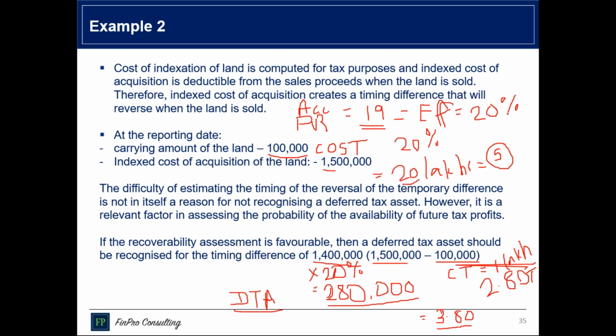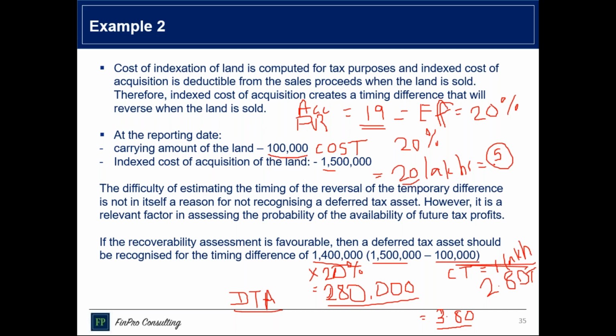So this is what deferred tax is trying to achieve here. When the asset is sold or retired, at that point of time your effective rate should be equal to your statutory tax rate. That is the objective of deferred tax.